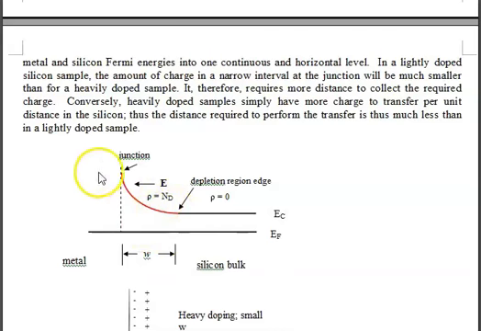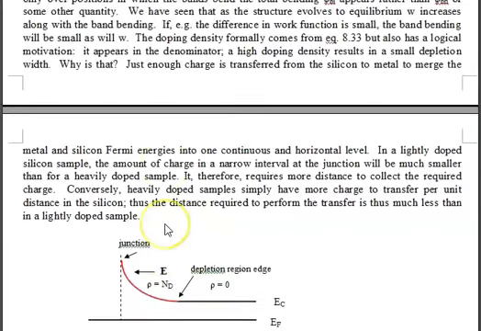Again, this region colored in red is the region in which we have essentially no mobile charge or very little mobile charge. 10 to the 10th is considered very, very little. So that's intrinsic. And if it has 10 to the 10th or even close to the 10 to the 10th, that would be considered depleted of mobile charge.